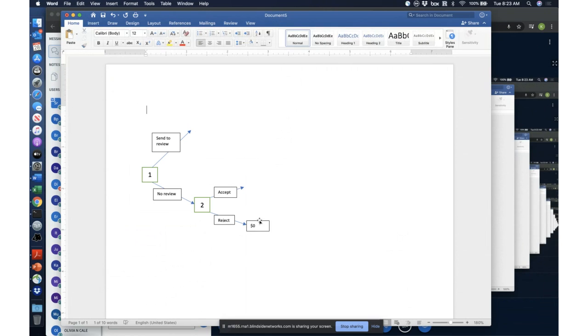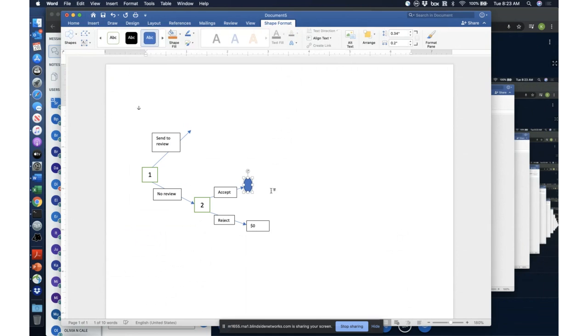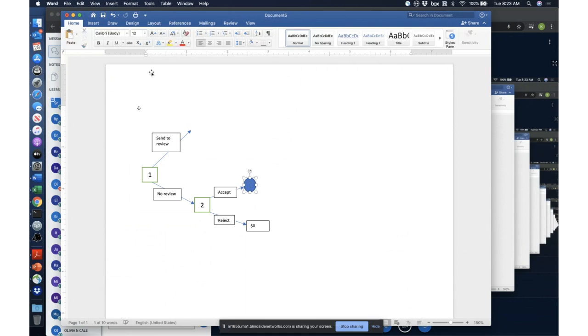Now, if you do accept the manuscript, this is when you face a state of nature. You will face the state of nature of whether the textbook is successful or not. So I'm going to draw as much of a circle as I can.